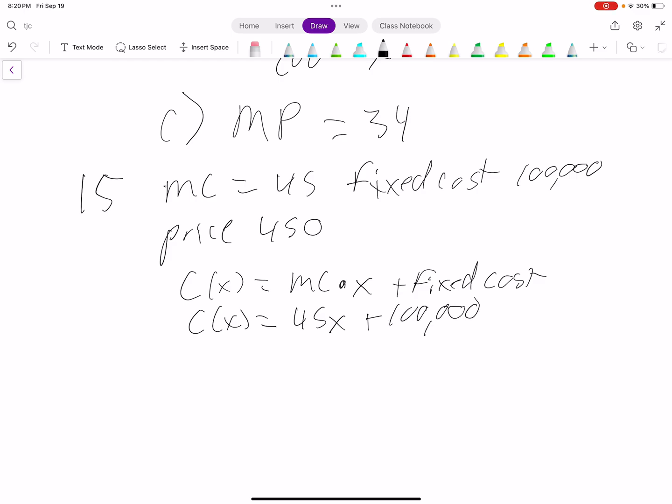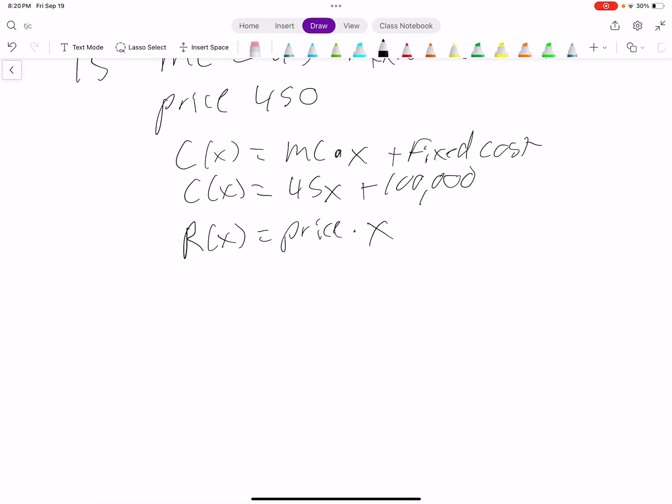Then the other thing you need to know is the revenue equation always equals price times x when you have a company that can't set their own prices, that the price of the product is set by the market. So therefore, the revenue is 450x.